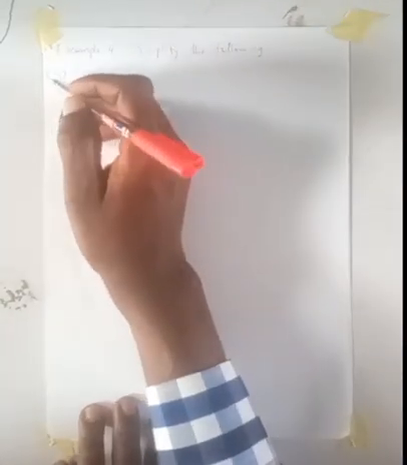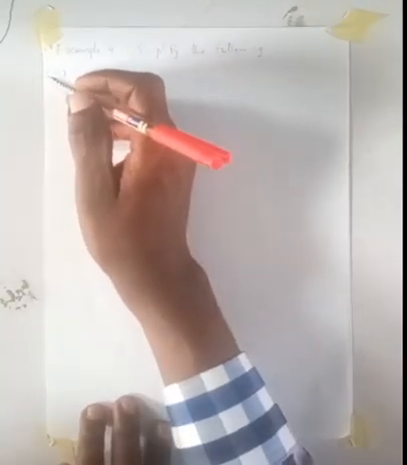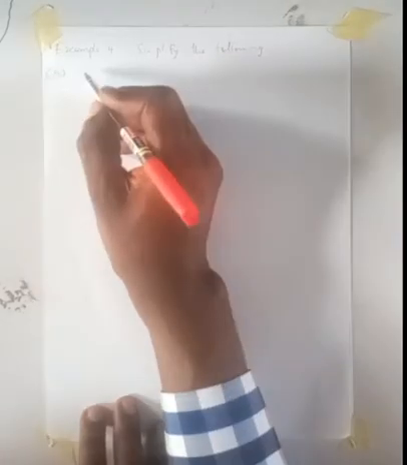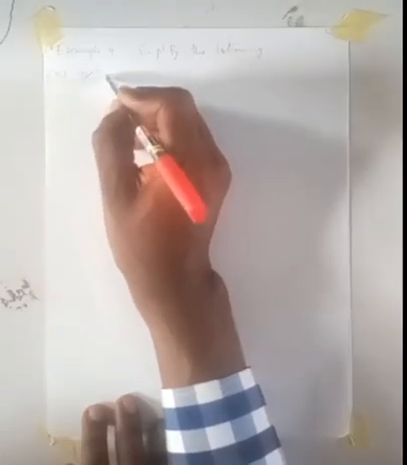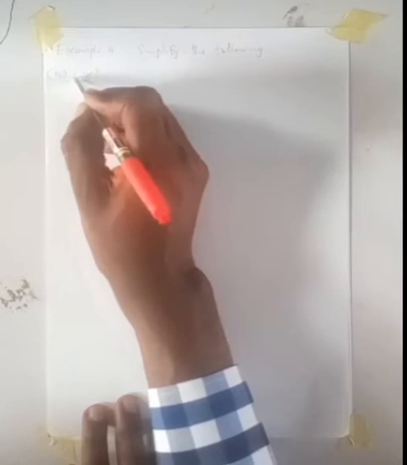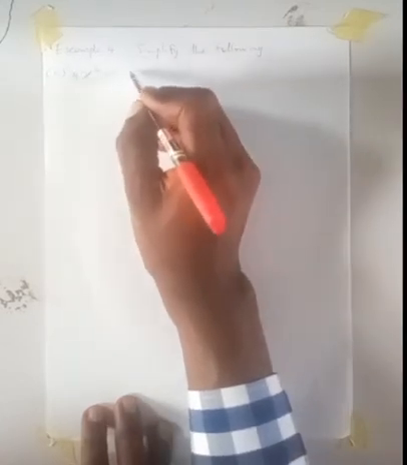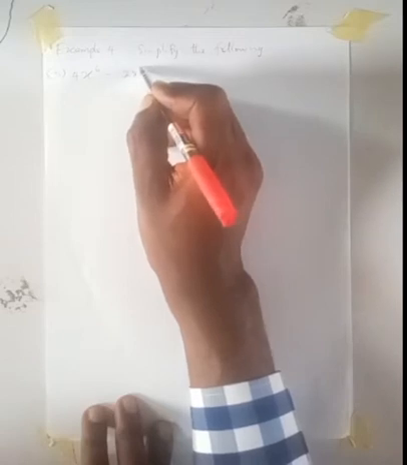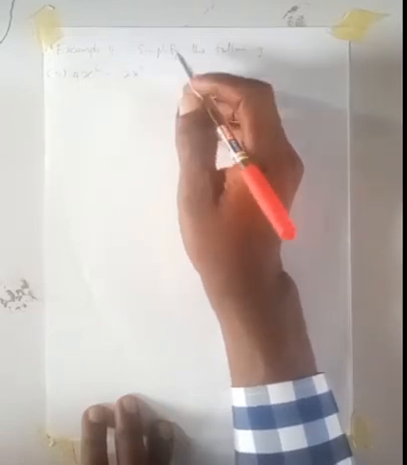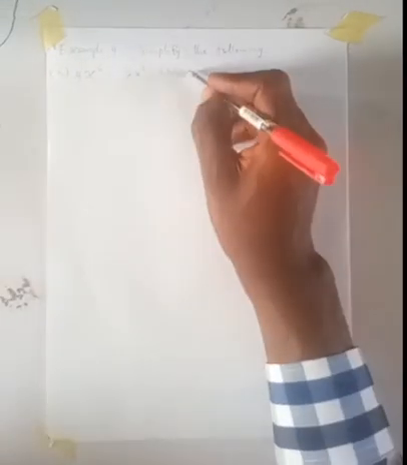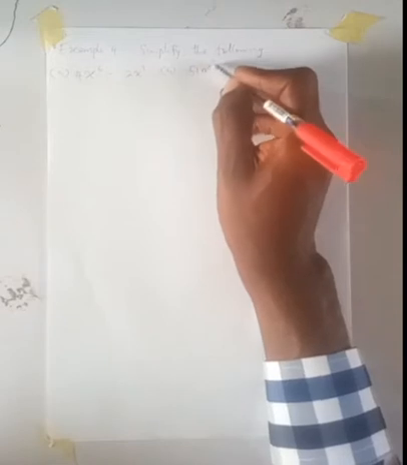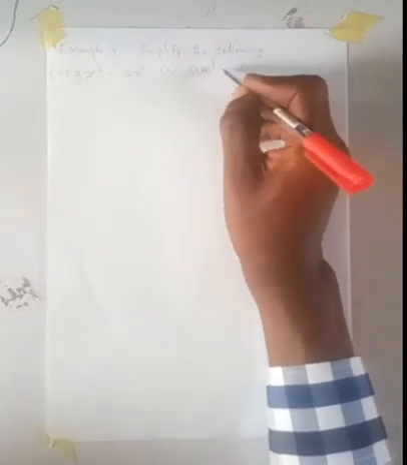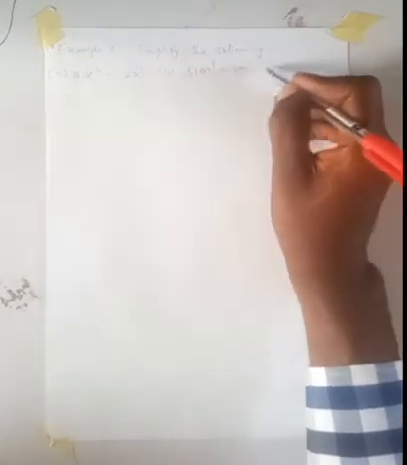A there, 4x raised to power 6 divided by 2x raised to power 3. Number B there, 51m raised to power 9 divided by 3m.